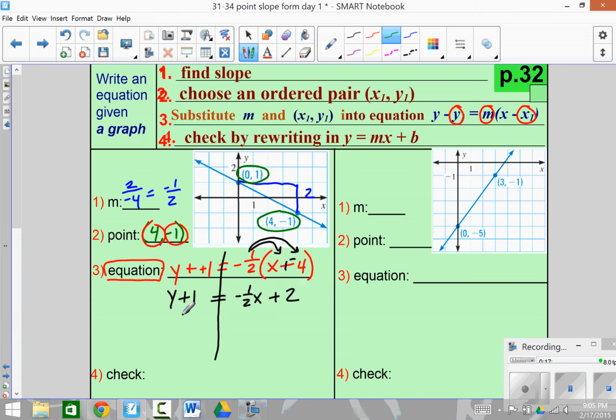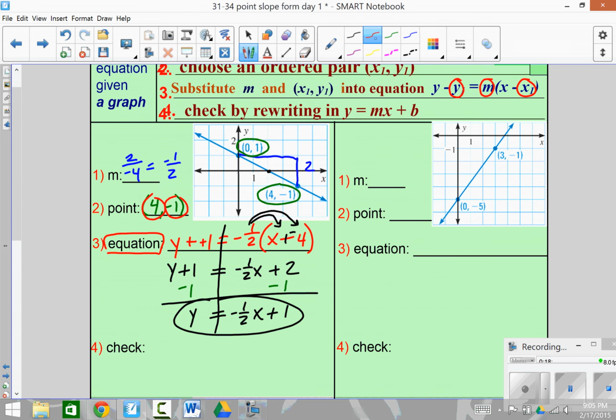Then I'm going to subtract 1 from both sides, and I end up with y equals negative 1/2 x, positive 2 minus 1 is plus 1. I know this is correct because I see a y-intercept of 1 and a slope of negative 1 over 2. So I know this works out. That would be my check.